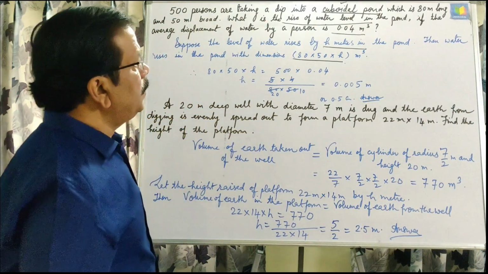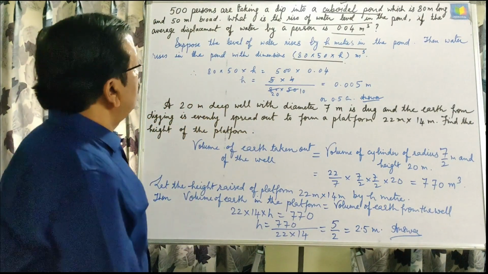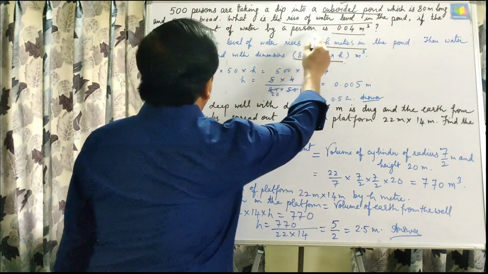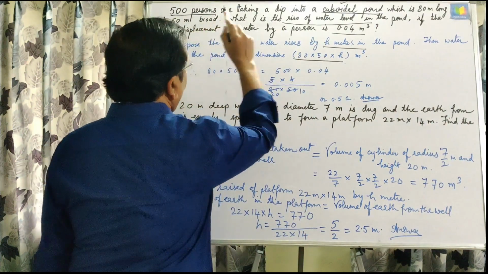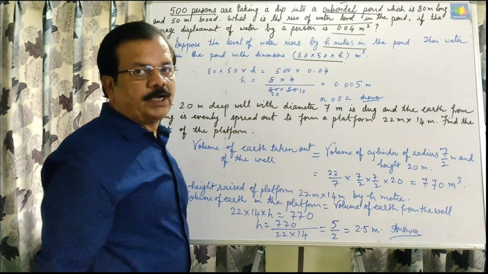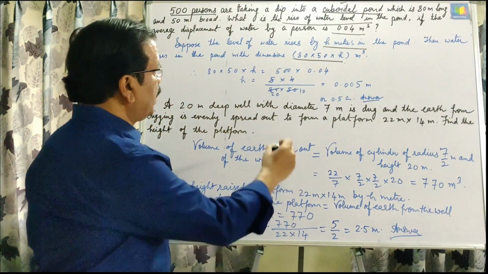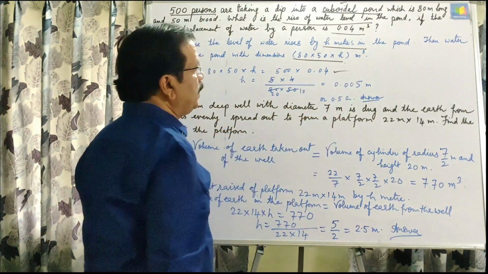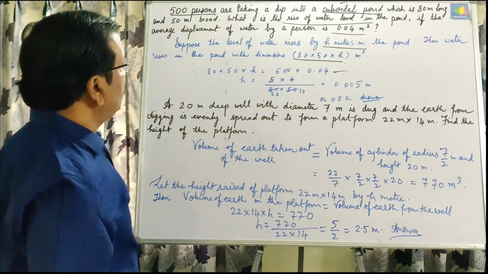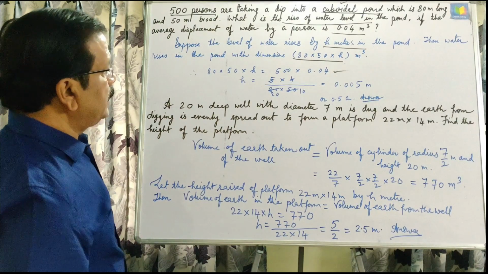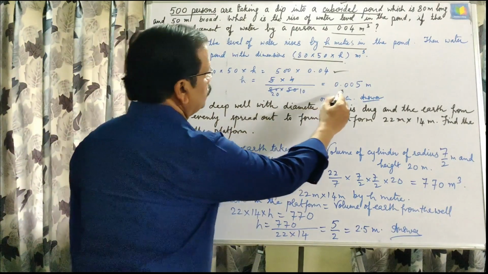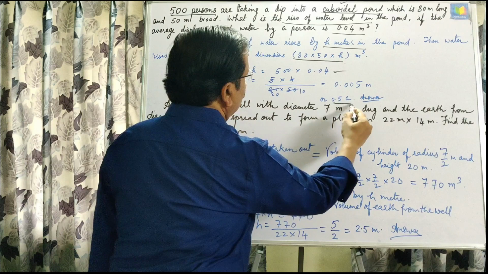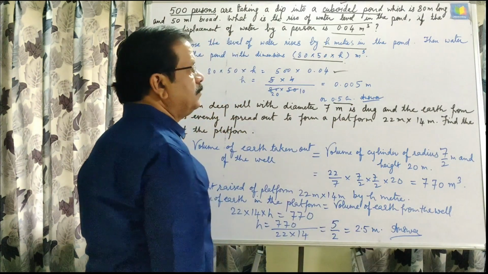This will be equal to the volume covered by 500 persons, because each person is given 0.04 and then multiplied by 500. Both values will be equated so that we can find h, that is 0.005 meter or 0.5 centimeter.